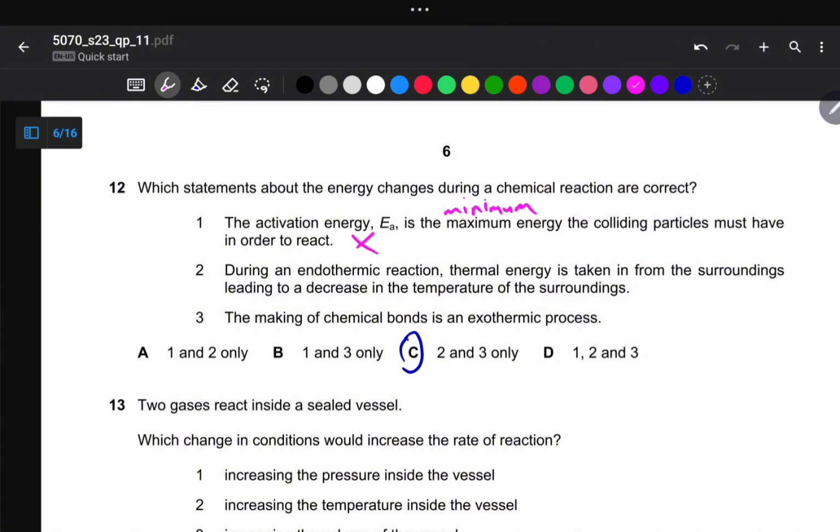We'll read the other options to confirm. During an endothermic reaction, thermal energy is taken in from the surroundings, leading to a decrease in the temperature of the surroundings. This is correct. The making of a chemical bond is an exothermic reaction. True.